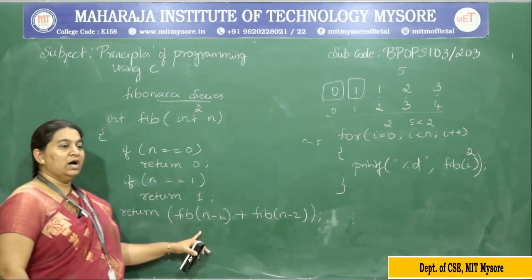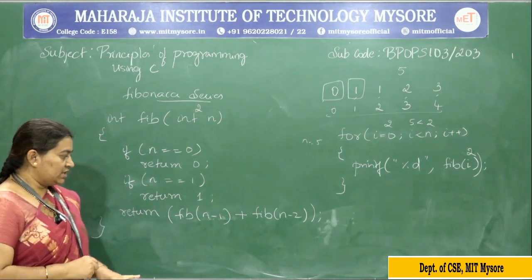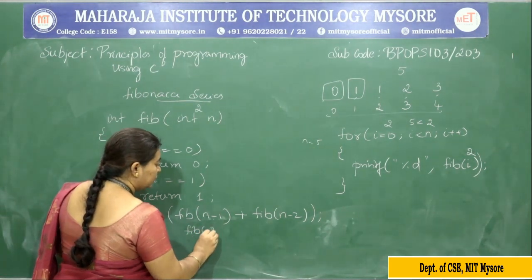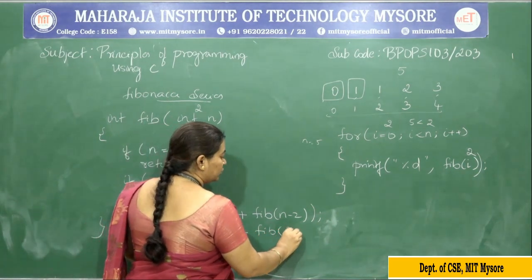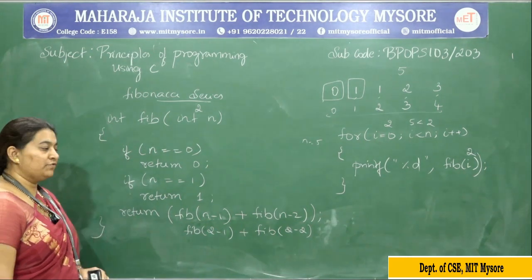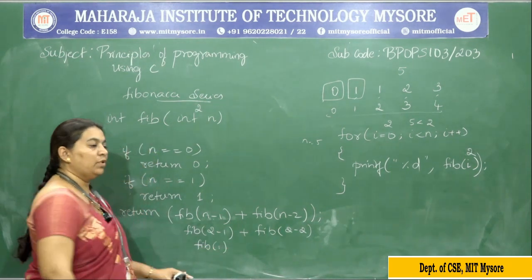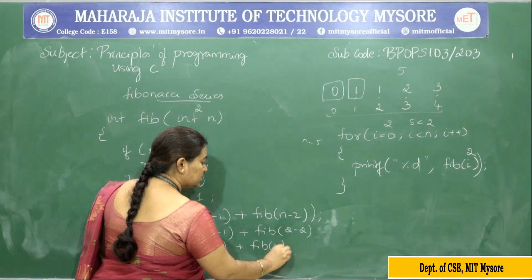Next, I am going to call the function itself. So it is fib of 2 minus 1 plus fib of 2 minus 2. Fib of 2 minus 1 will be fib of 1, plus fib of 0.